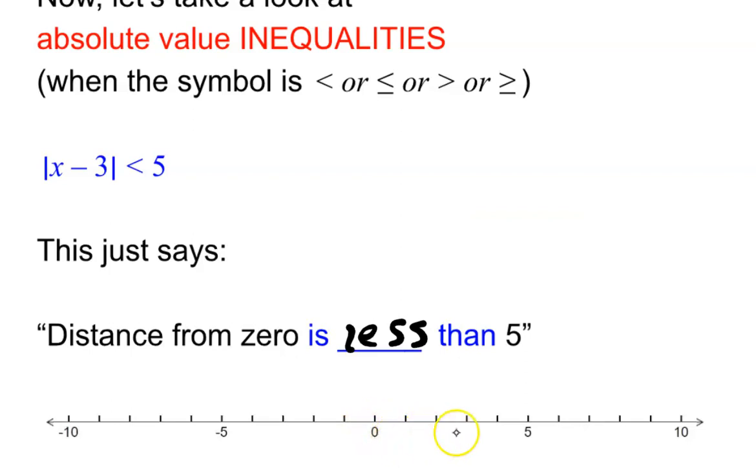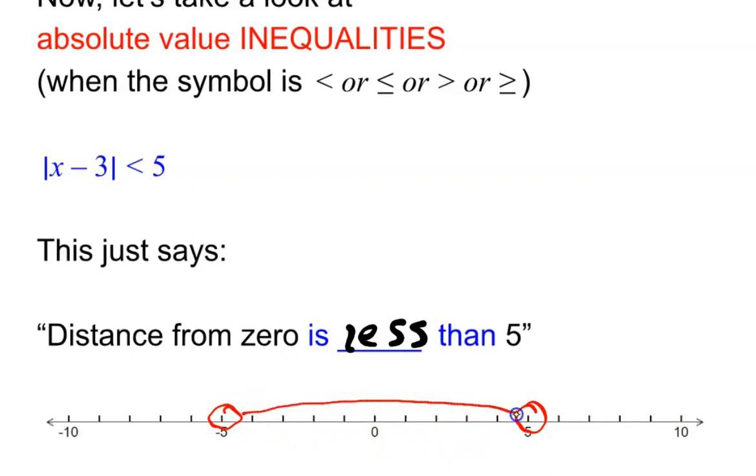We can go as far as, but not quite, 5 away. So we're going to go less than 5 away. So we're going to go to the 5, but not include it. And again, we can go the other direction, but not include it. So the distance from 0 and anywhere in between. So if I'm at -2, I'm less than 5 away. If I'm at +3, I'm less than 5 away from 0.